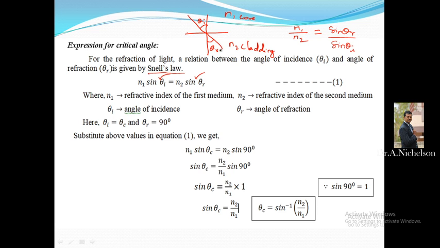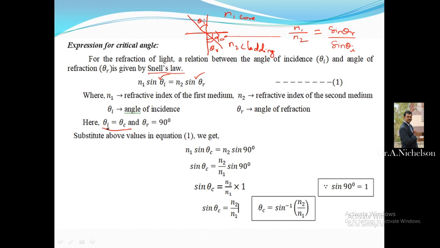We have already seen three cases in that condition. Now consider the second case, when theta I is equal to theta c. When theta I equals theta c, the ray exactly traces the path of the core cladding interface. So what about theta r? It is 90 degrees.